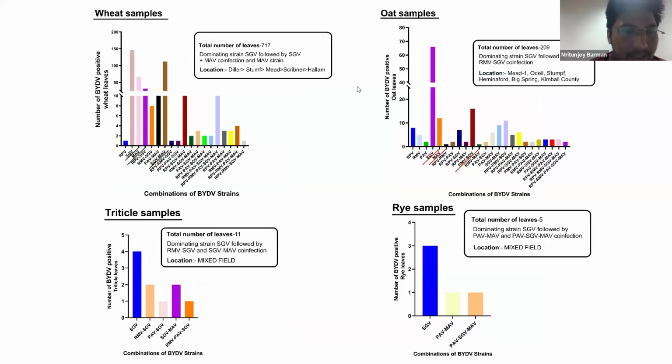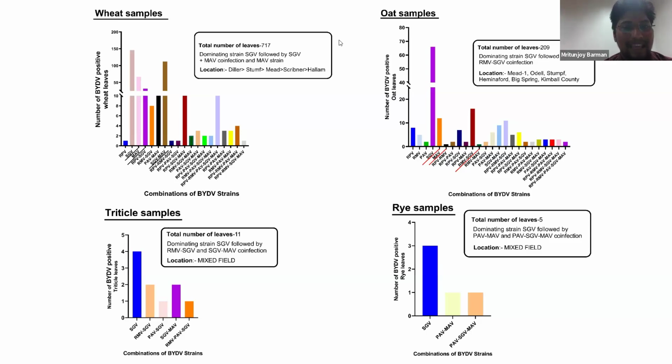Let's look into the interesting findings. You can see here there are different kinds of samples: wheat, oat, triticale, and rye. In the wheat samples, the x-axis represents the different combinations of BYDV strains, and the y-axis represents the number of BYDV positive wheat leaves. You can see here HGB is the dominating strain of BYDV present in the wheat samples.